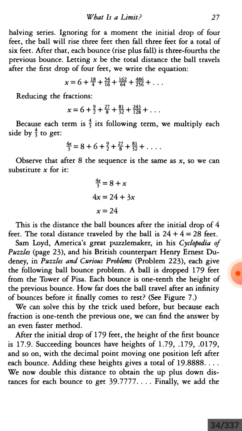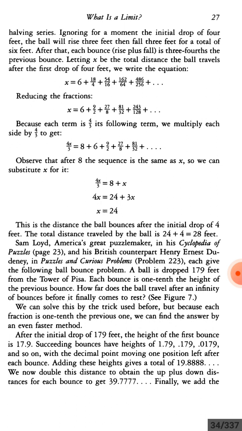Succeeding bounces have heights of 1.79, 0.179, 0.0179, and so on, with the decimal point moving one position left after each bounce. Adding these heights gives a total of 19.8888.